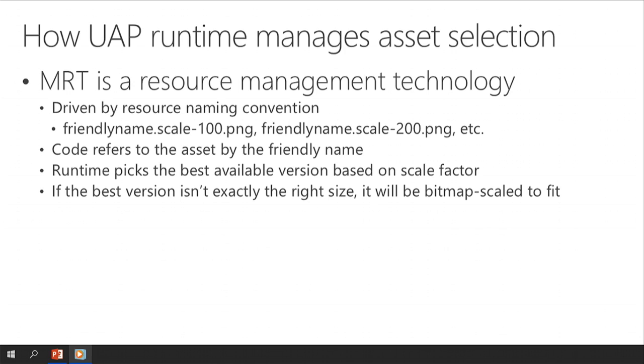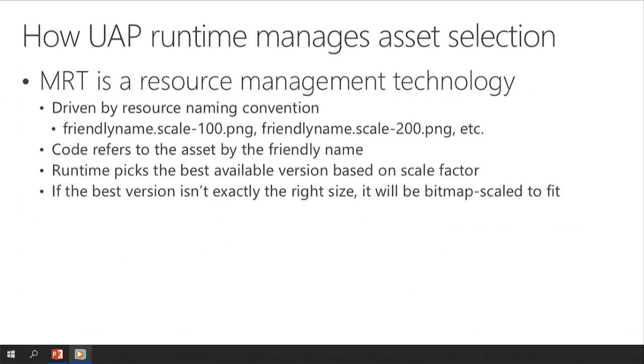And as a selection mechanism, it's driven by resource naming. So in the case of scaling, if you had an asset named friendly name.png, you would just generate versions named friendly name scale-100, scale-200, and so forth, and just name them that way. And that is enough for the Windows runtime to pick them out and treat them as different variants, different scale factors for the same asset.